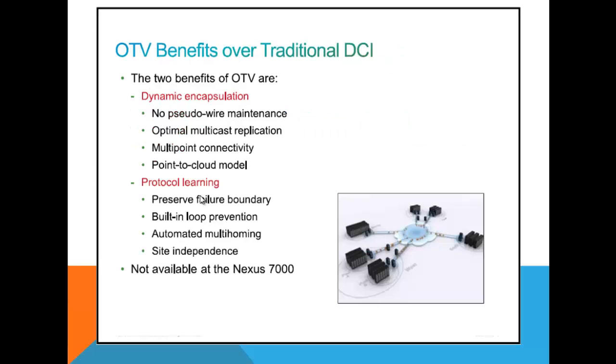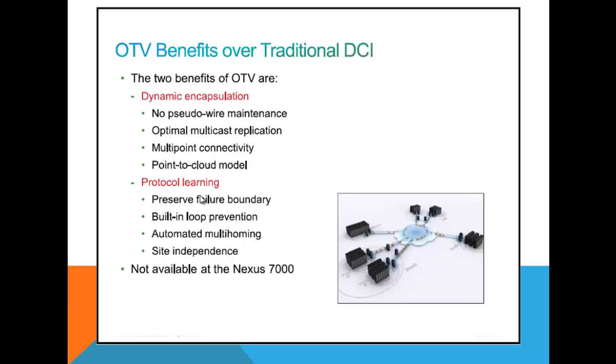So the benefits: there is no pseudo wire needed. We don't create an interface tunnel or a virtual interface. It is just called an overlay. It is not a pseudo wire kind of approach. This is different, and there is less use of multicasting. It supports multi-point connection, meaning you can have multiple data centers interconnected using a cloud.